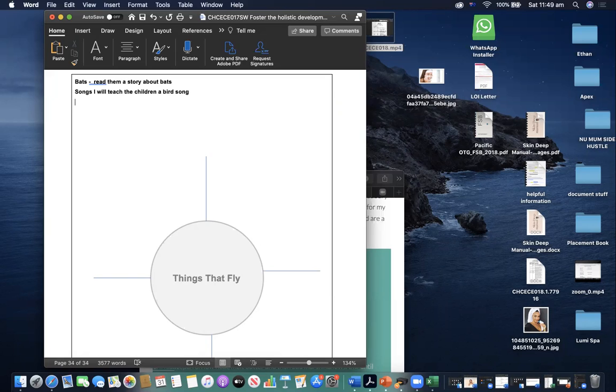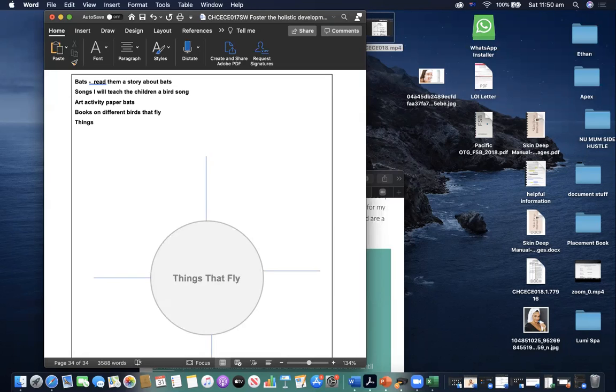You might have an art activity, and you might make paper bats. You might have books on different birds that fly, okay? Or things that can fly, okay?